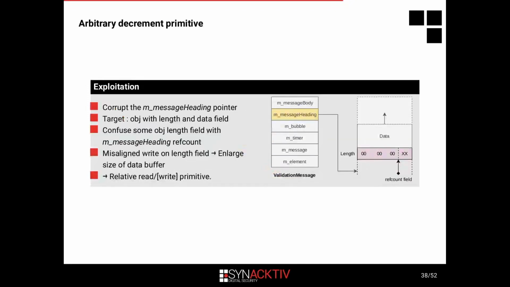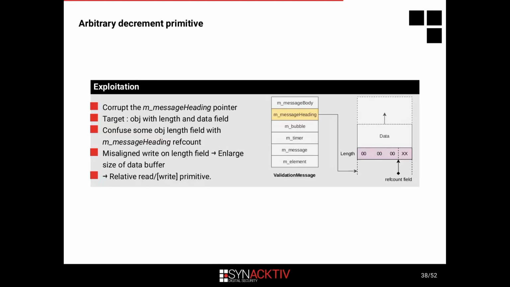We can now trigger the arbitrary decrement primitive. We can do it easily using our array buffer reference by just writing into the backing buffer. For example, we can corrupt the pointer of m_message heading, and when this pointer is released, the ref count at this pointer will be decremented.